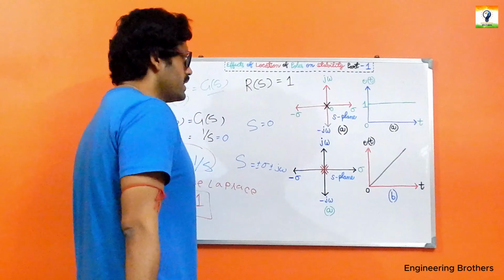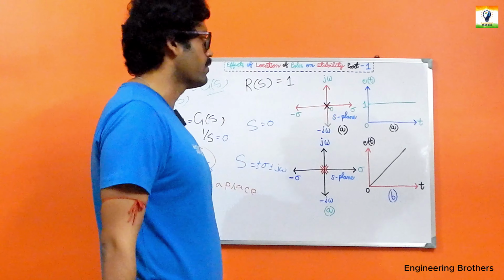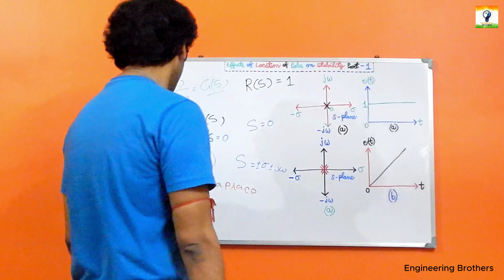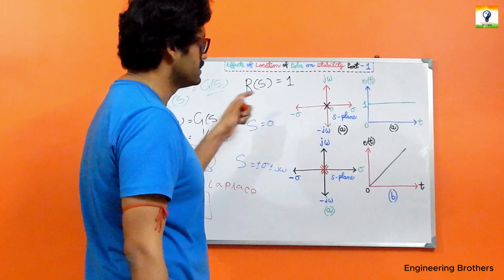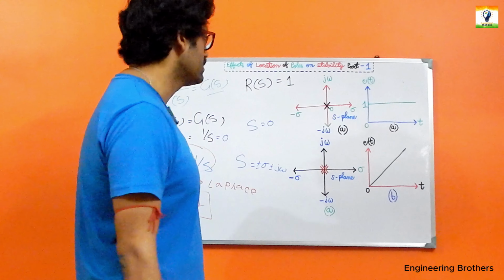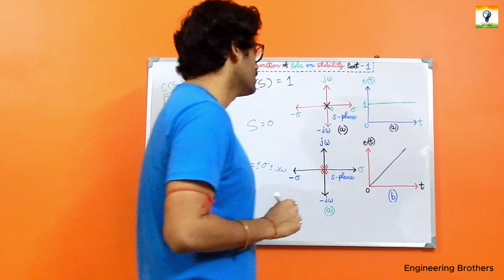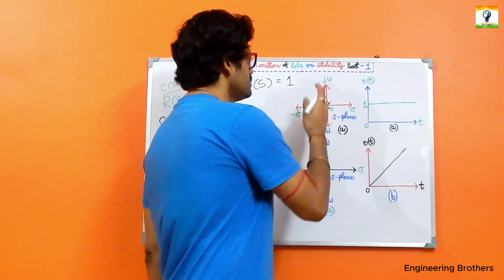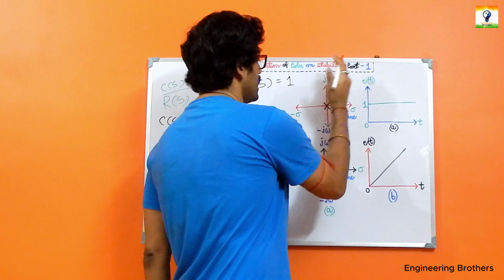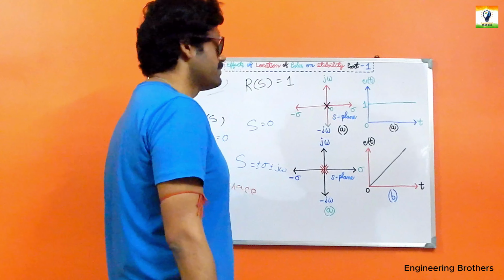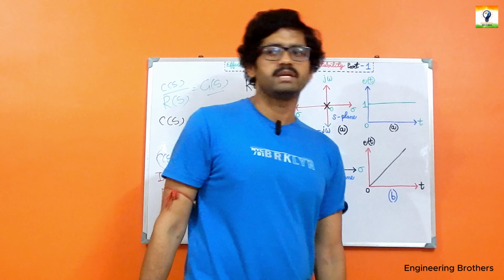Now quite naturally we can say that for our unit step response, the system is marginally stable. Why? Because this pole is not present in the right hand side of our s-plane, nor in the left hand side of our s-plane as well.